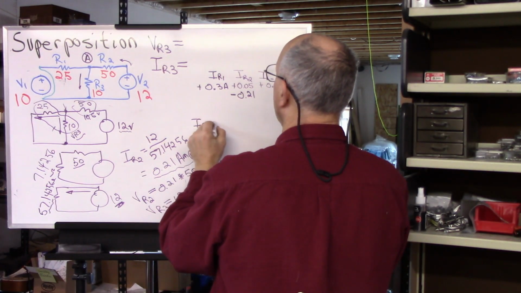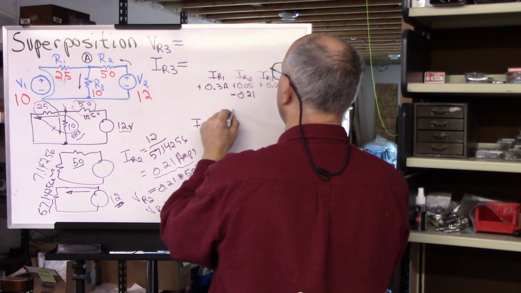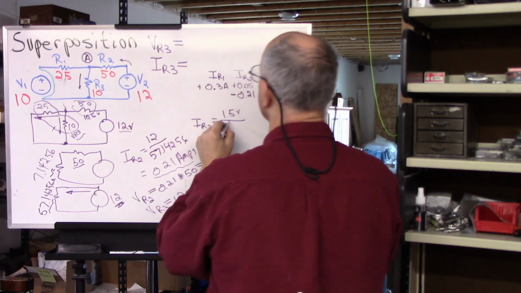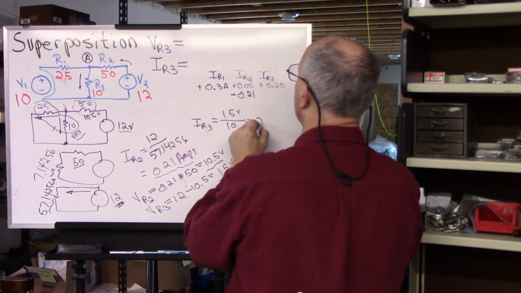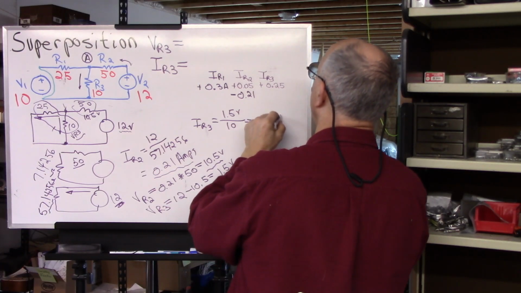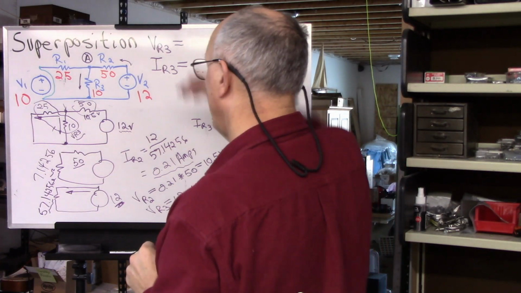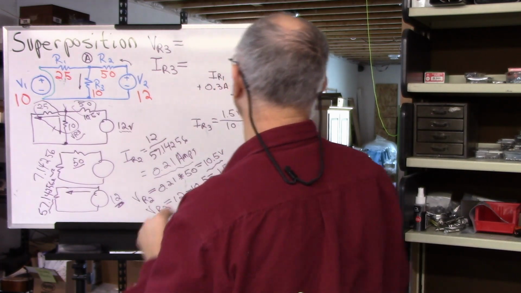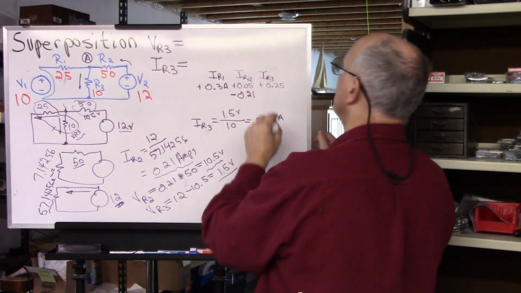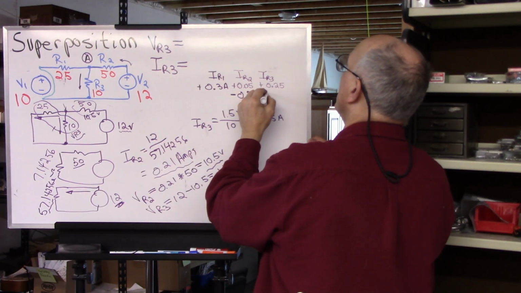So that's equal to 1.5 volts divided by its resistance, which is 10. So the current is 0.15 amps. Now that's going top to bottom. That's R3, so that is a positive current.